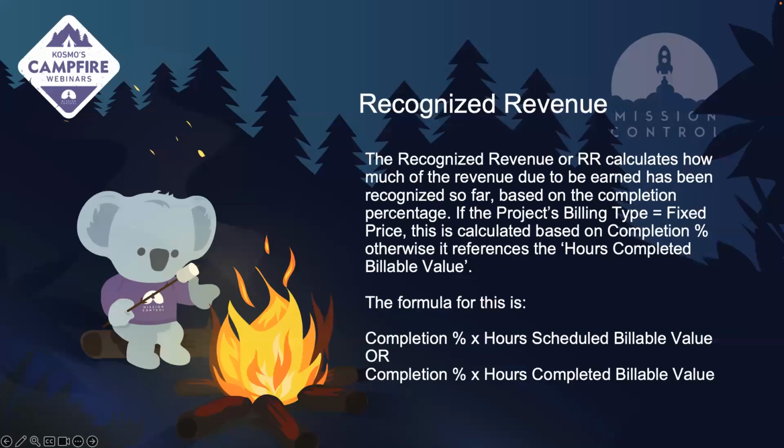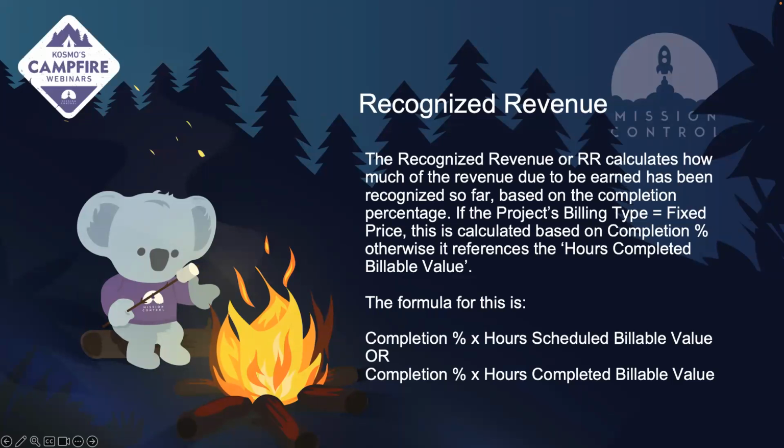And then lastly, breaking down that recognized revenue. This will calculate how much of the revenue that is due to be earned has been recognized so far. So this is also based on billing type. If you have a fixed price project, this is calculated on completion percentage, otherwise it will reference your hours completed.